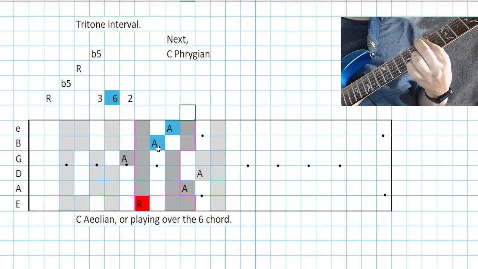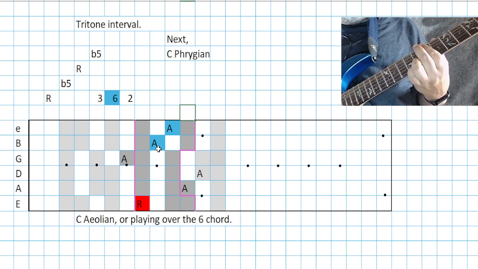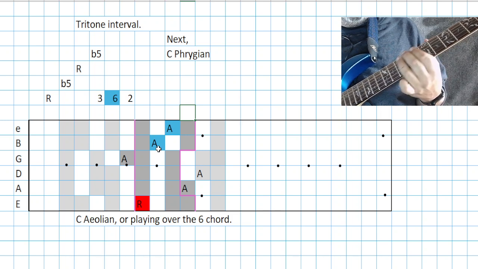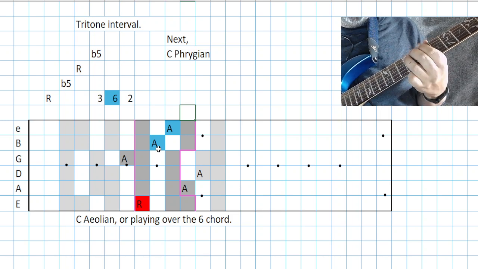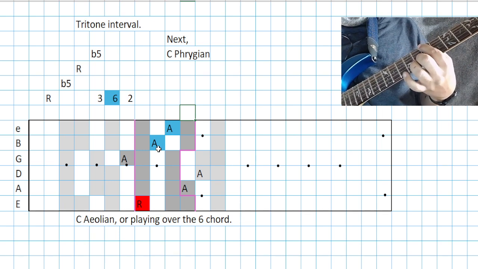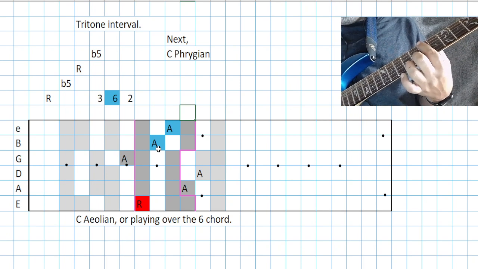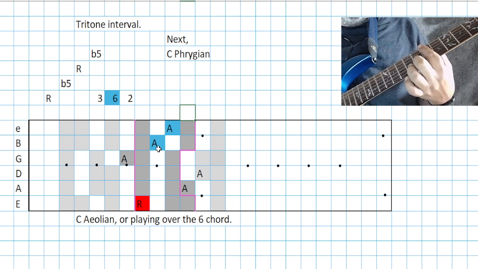Because you're playing the sharp 5. And one of these other modes will have... What other mode has a sharp 5 in it? Phrygian. So, wow, that's a character note of Aeolian. Oh, yeah, duh. I can't believe I didn't just see this. I had to think about it.